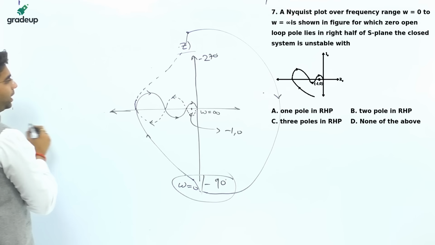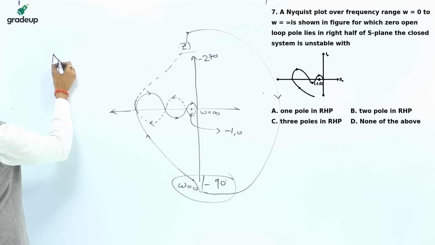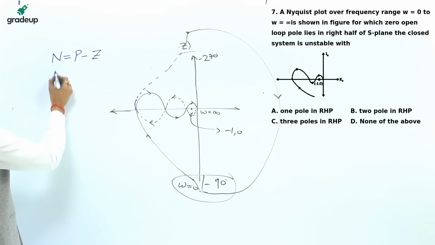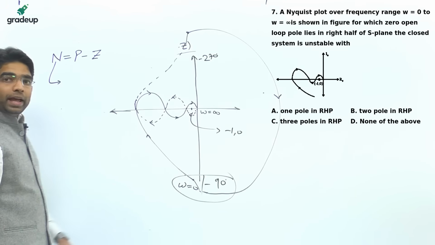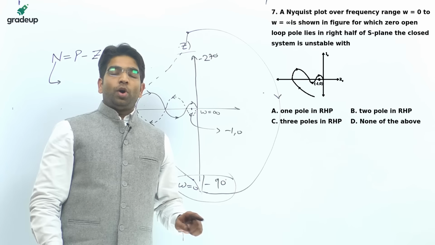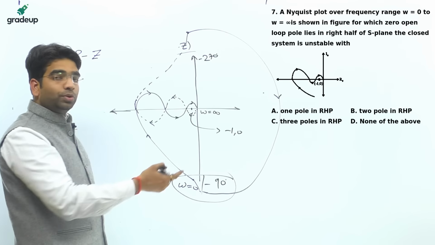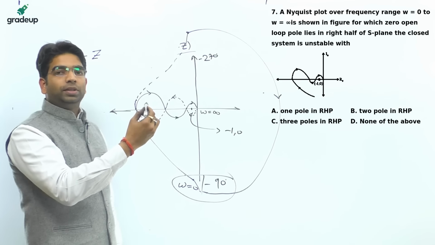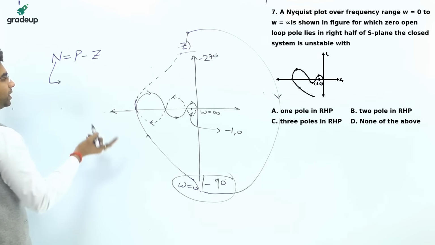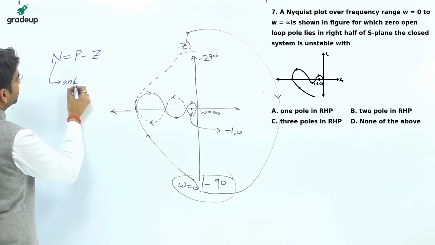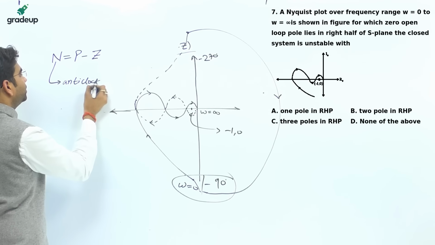Now here one thing to see is that N equals P minus Z. What is this N? N is the number of encirclements of the point minus 1 comma 0 in the anti-clockwise direction. Don't ever confuse clockwise and anti-clockwise. N is in the anti-clockwise direction.